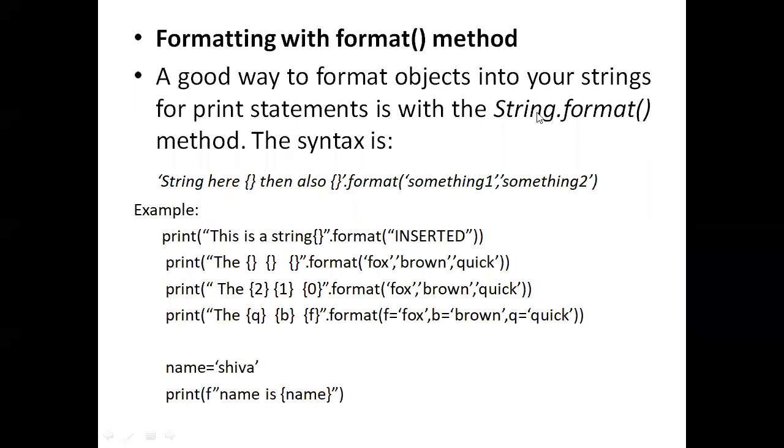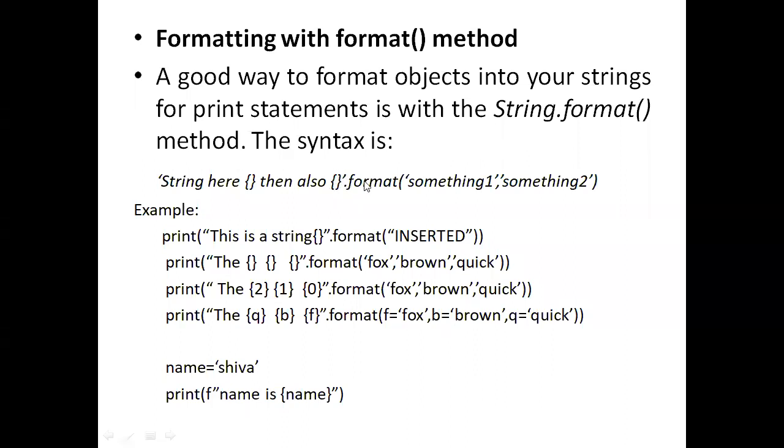So string dot format. For example, here the format syntax will be like this: some string will be here, curly braces, then also curly braces. Means the value which you are providing will replace these curly braces.